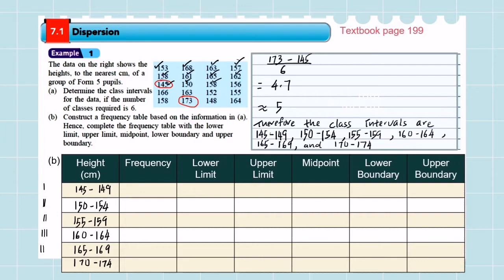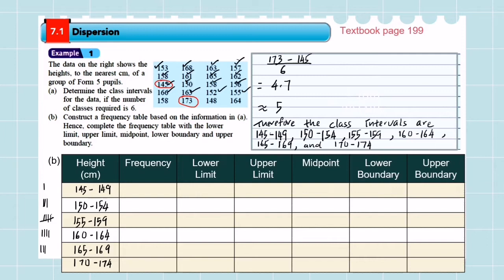158, 156, 166, 163, just now 160, 163, 152, 155. For number 5, you just cross like this. Means one bundle we have 5.